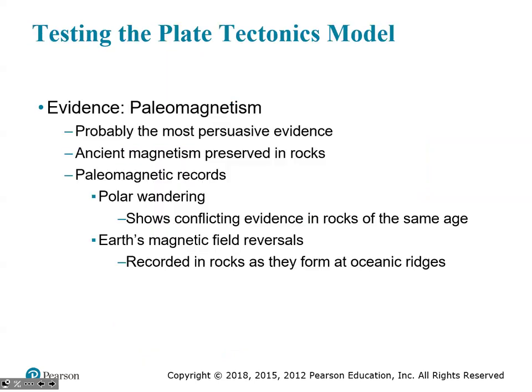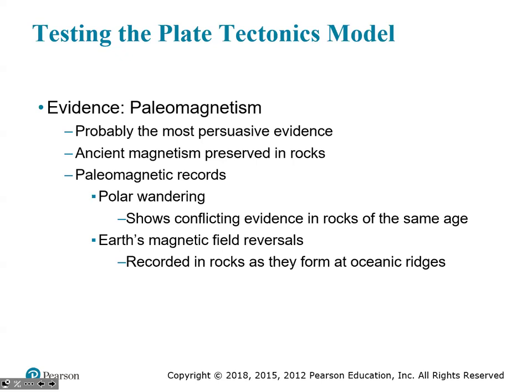But the best evidence for seafloor spreading is paleomagnetism. This is an ancient record of the Earth's magnetic field preserved in rocks. So we can see a few different things.